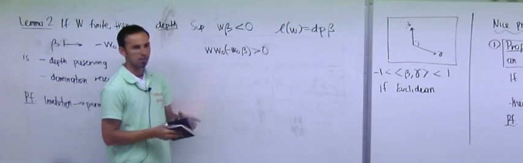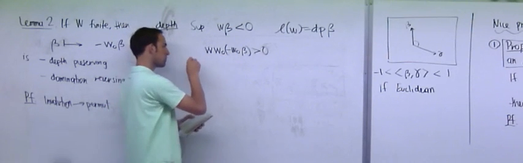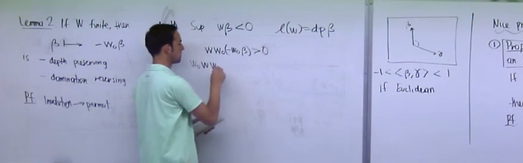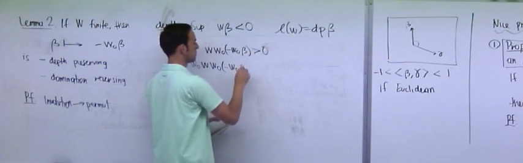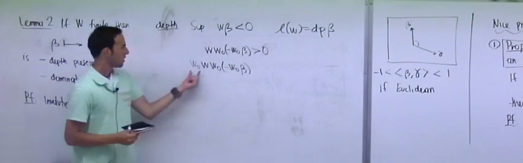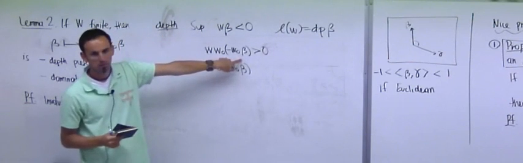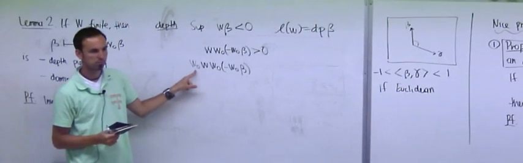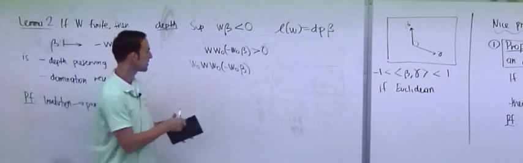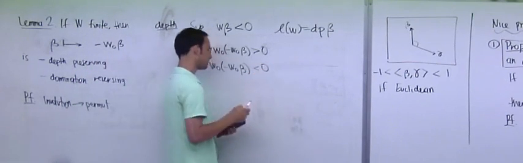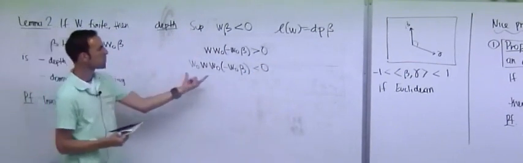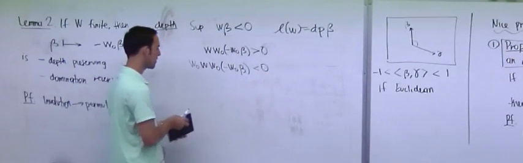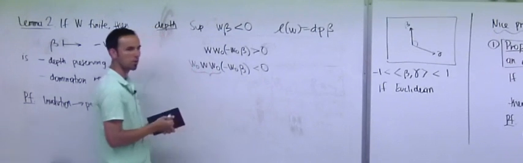The way that I fix that is by now acting on this thing by W naught. This is some positive root, and W naught makes every positive root negative. So because this is positive, this is negative. Okay. So now I have some group element that sends my root into a negative root. And the question is, what is the length of this group element?